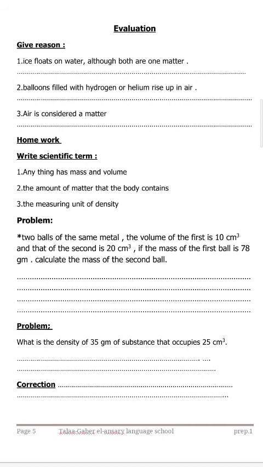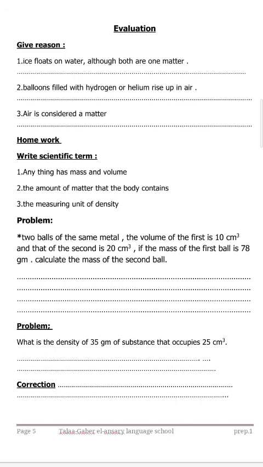Number 2, balloons filled with hydrogen or helium rise up in air, because the hydrogen or helium have densities less than air, so it will fly. Okay. Air is considered as a matter because it has mass and volume.